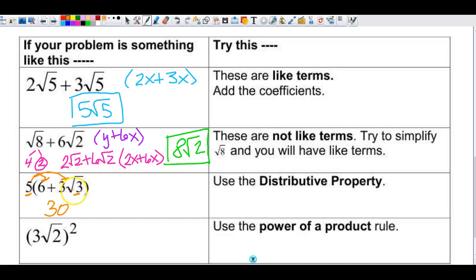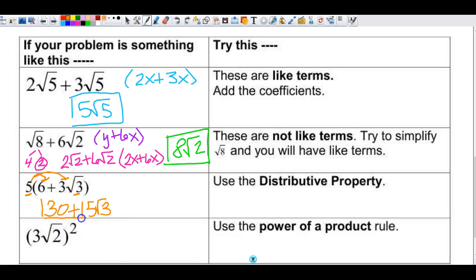This is just along for the ride like a variable. It's like 3x. 5 times 3x is 15x. So 5 times 3 square root of 3 is just 15 square root of 3. You don't multiply by this and this. And then this is my answer.